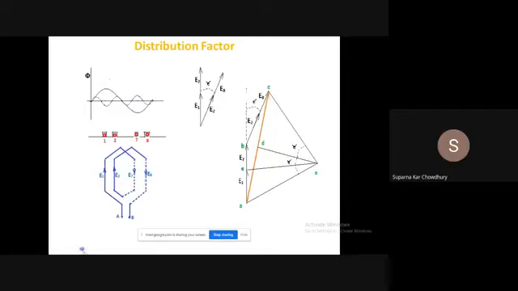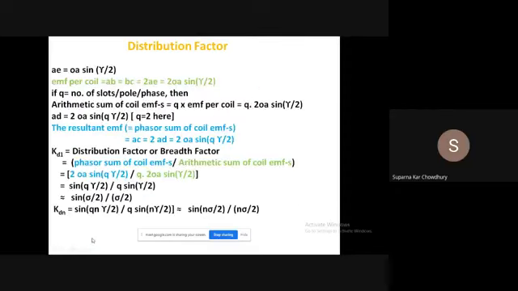So any angle, such as gamma, the slot pitch angle for the fundamental, will effectively be n gamma for the nth harmonic. So the distribution factor for the nth harmonic will be sine Q n gamma by 2 by Q sine n gamma by 2, which is approximately sine n sigma by 2 by n sigma by 2.